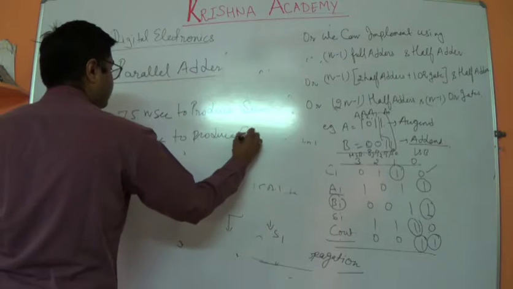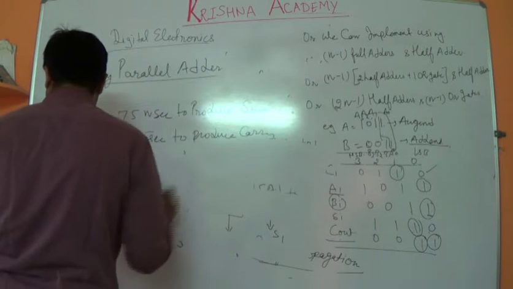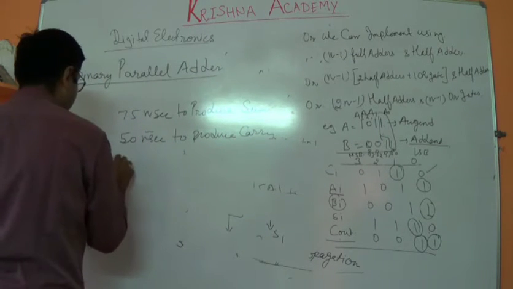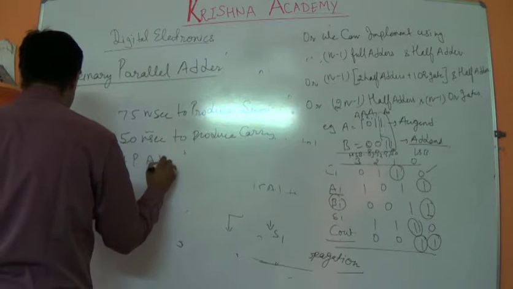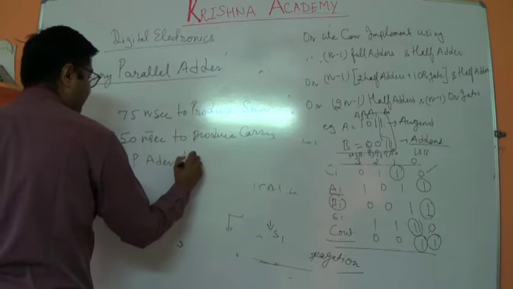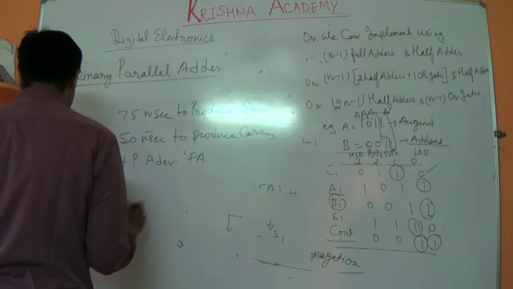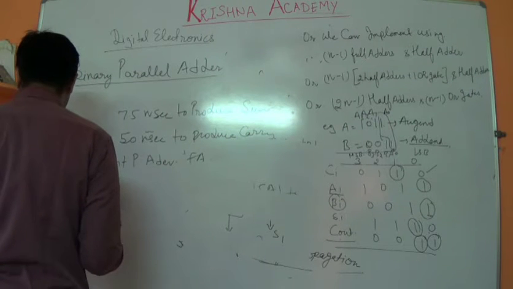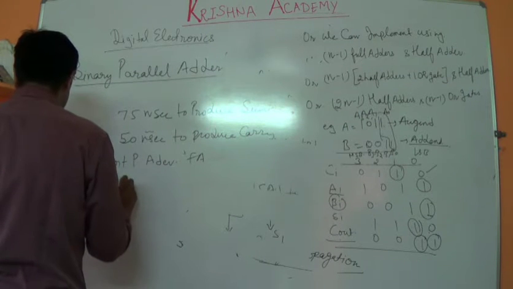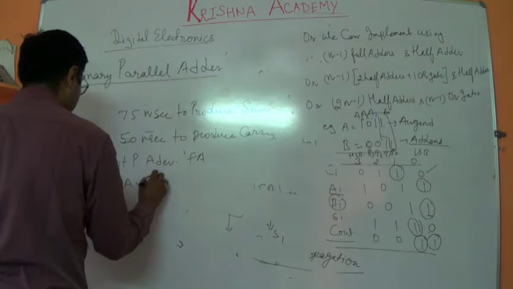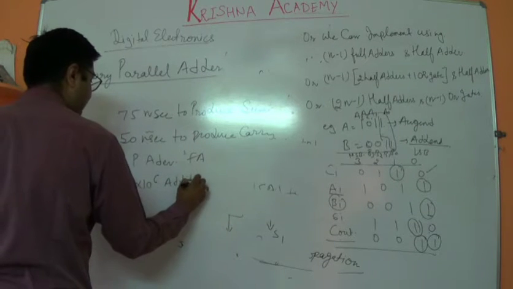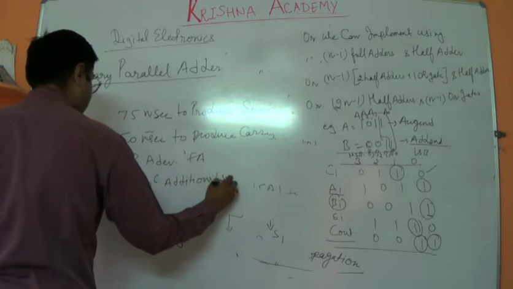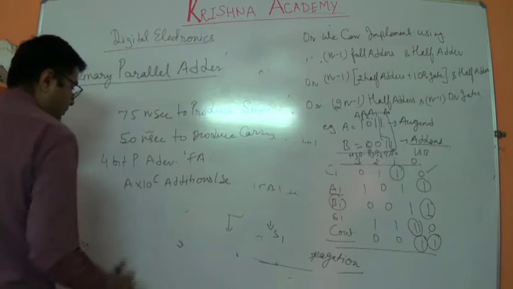Now a 4-bit parallel adder is designed using this kind of full adder. The maximum rate of additions per second that can be provided by the 4-bit parallel adder is A into 10 to the power 6 additions per second. Then what will be the value of A?